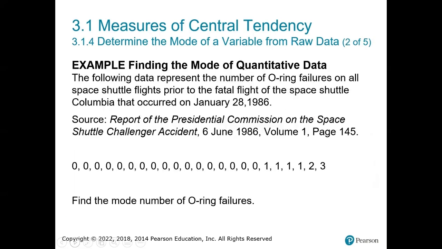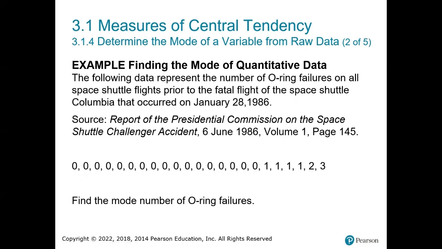All right, so an example here. The following data represents the number of O-ring failures on all space shuttle flights prior to the fatal flight of the Columbia that was in 1986. Here's all our data. A whole ton of zeros, 1, 1, 1, 3.